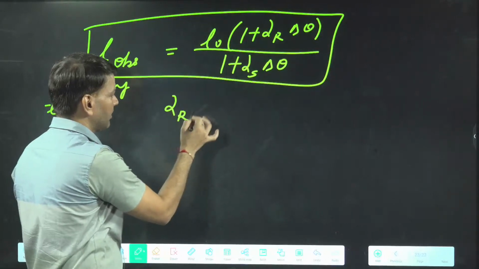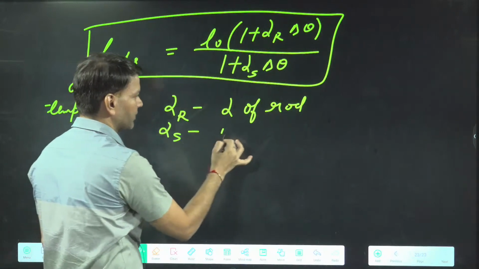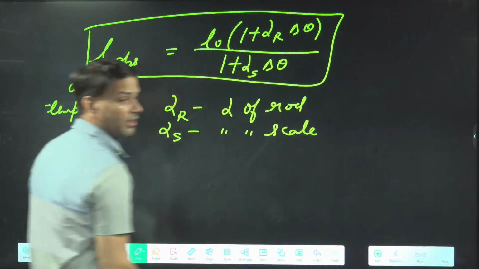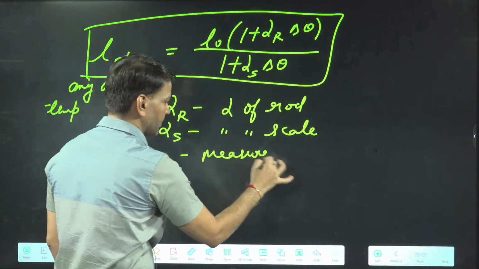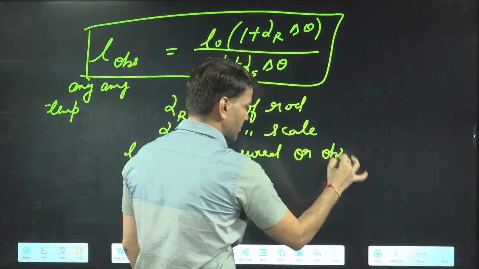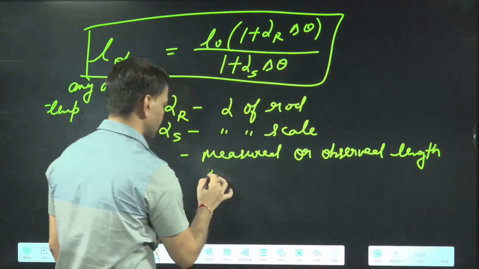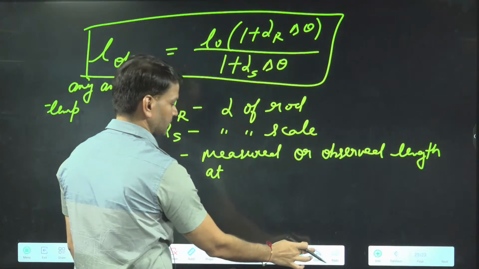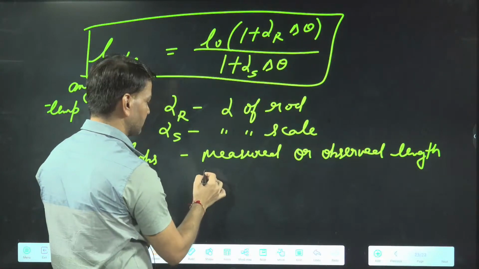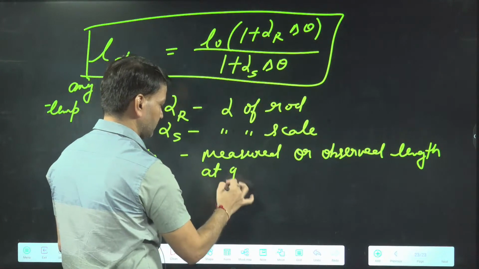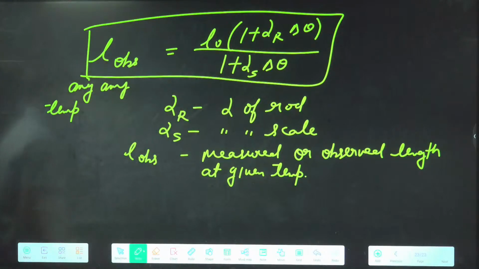So alpha rod is the alpha of the rod, and alpha s means alpha of the scale. L observed means the measured length at that temperature, at a given temperature, and delta theta is the change in temperature.